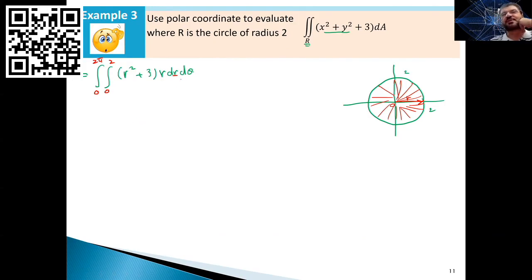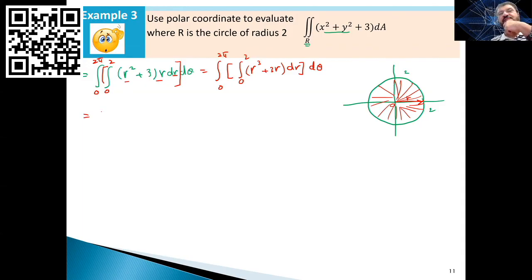Now we integrate. How do we integrate, guys? We integrate from inside. So this is equal to the integration from 0 to 2 pi. Open the box. Now, integration from 0 to 2. Let's open the bracket. r times r squared is r cubed plus 3r, then dr, all of that d theta.